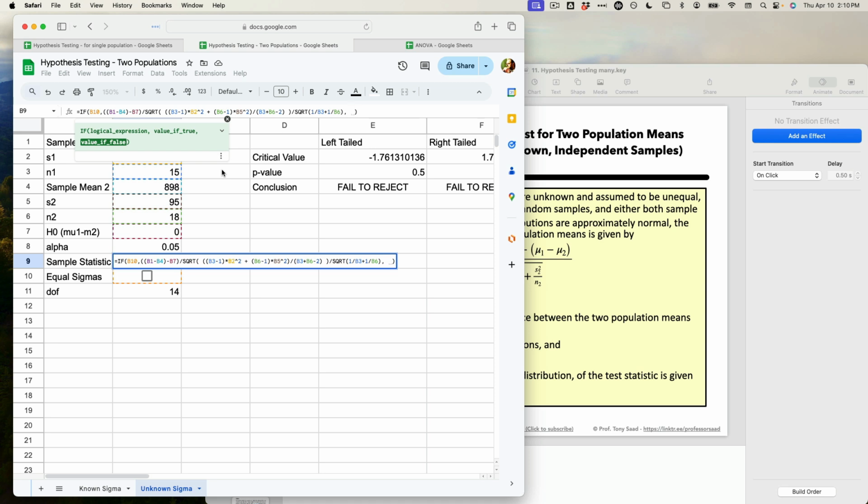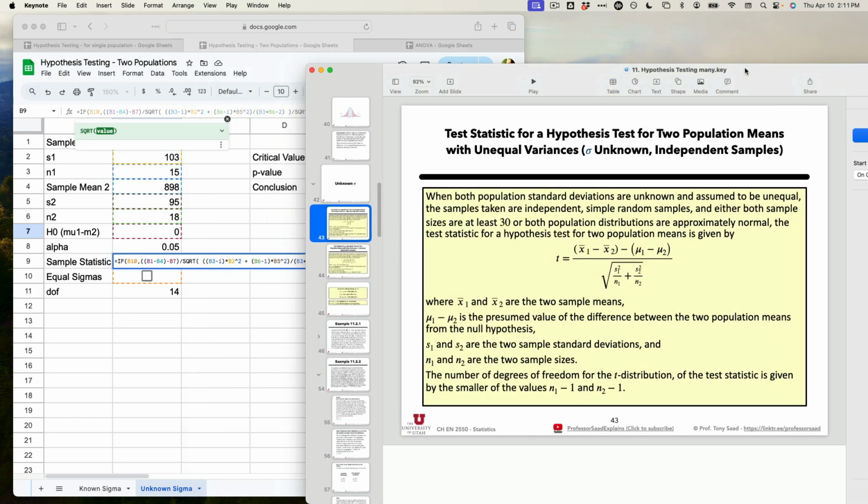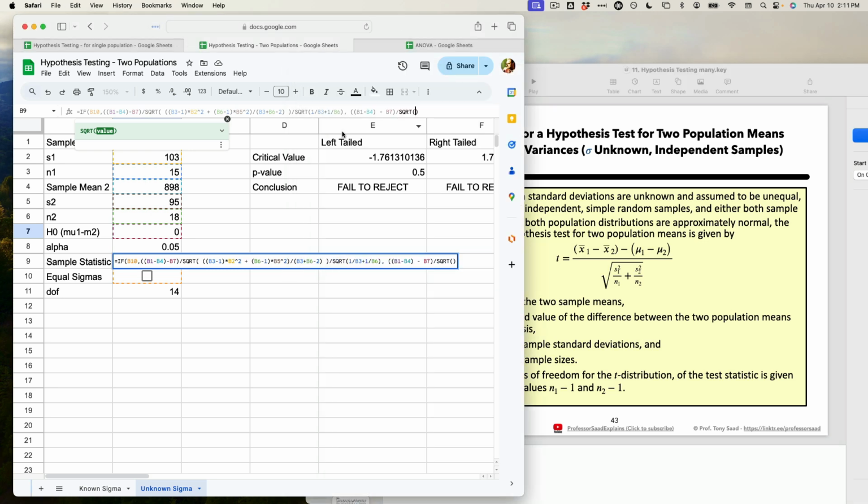Again, with the numerator, I'm going to do x bar minus y bar, minus the H naught, the null hypothesis, divided by the square root, open parentheses, S1 squared over n1 plus S2 squared over n2.